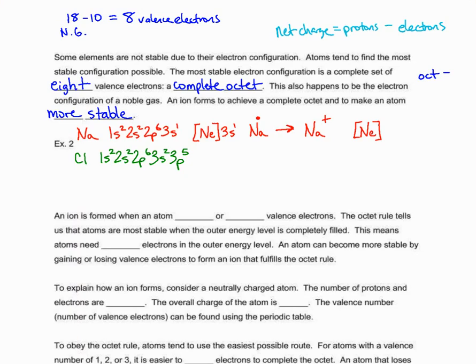Its noble gas configuration is neon, representing the first 10, and then we represent the outer energy level, 3s2, 3p5.